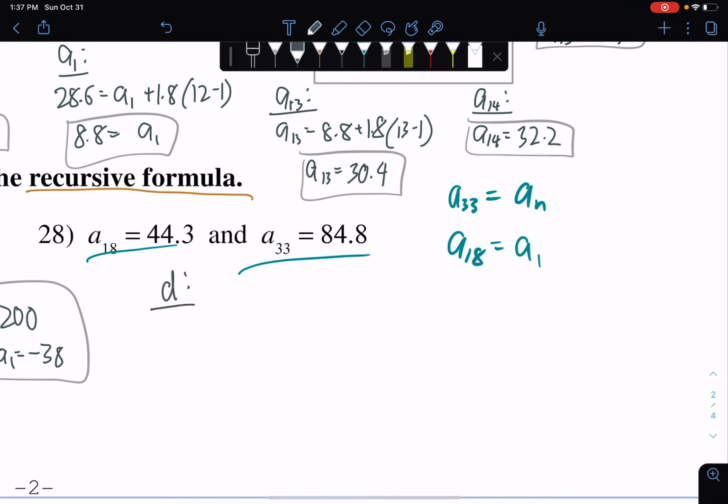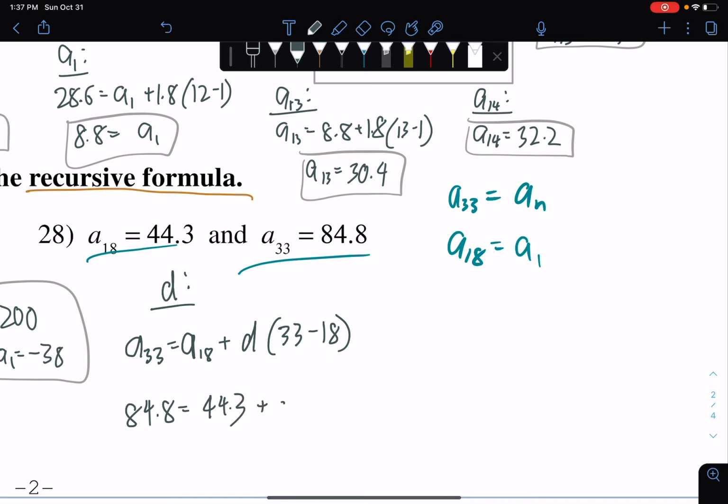Now, let's find the common difference. a sub 33 is equal to a sub 18 plus d times the quantity 33 minus 18. a sub 33, which is 84.8, is equal to a sub 18, which is 44.3, plus our common difference, and 33 minus 18 is equivalent to 15d.